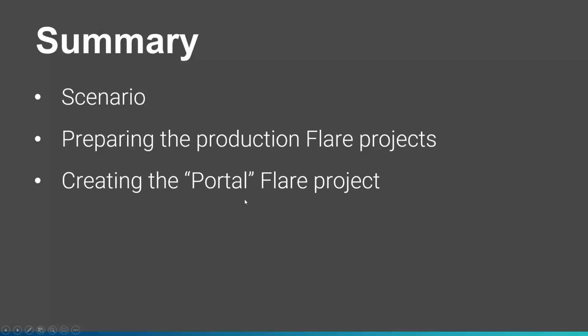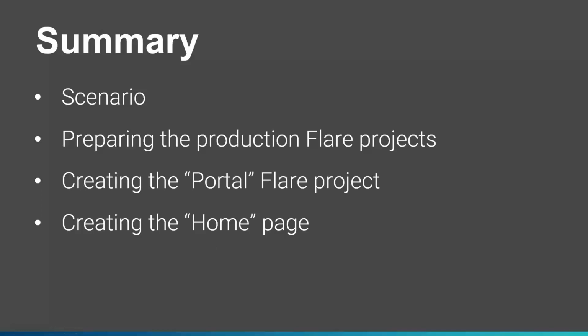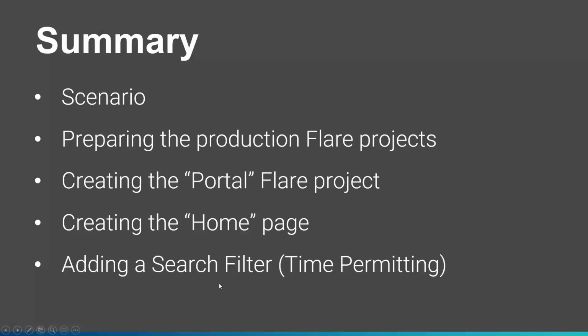Then we created the portal Flare project and established the import linking. Then we created the new custom home page to satisfy all of the stakeholders. And that's where we're going to officially end. But again, if you can stick around, we will do the search filter component as well.